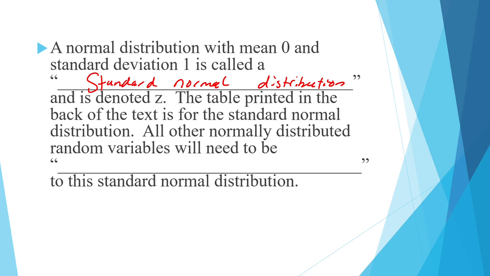All other normally distributed random variables will need to be converted to this standard normal distribution. We will use a table for some problems, and you can also use the statistics calculator that's provided in the description.